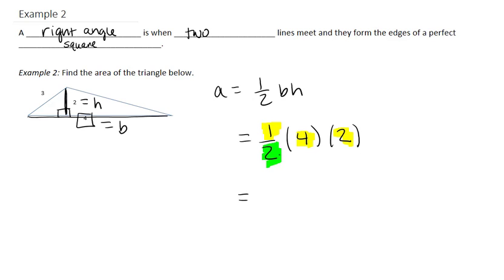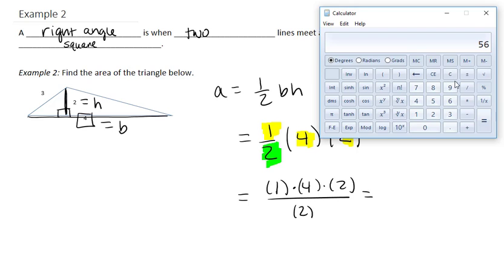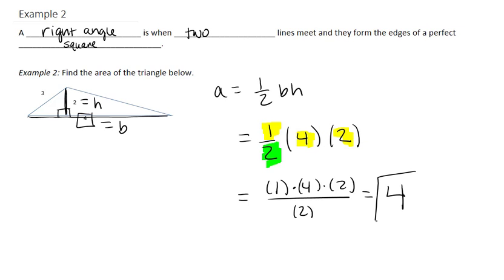So if we were to rewrite this, this is 1 times 4 times 2 divided by 2. 1 times 4 times 2 equals 8. Divide by 2, we get 4 as our final solution.